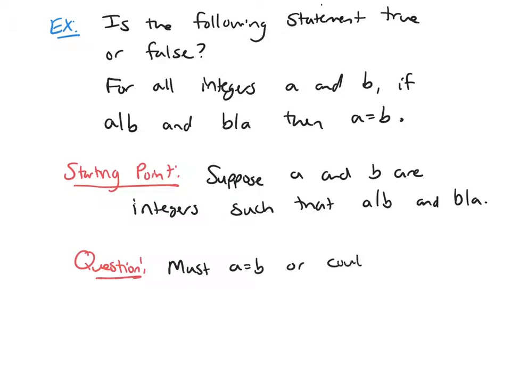Or could it happen that a is not equal to b for some a and b? So we've got to ask ourselves, is the conclusion part, the part after the then, true or is it false?